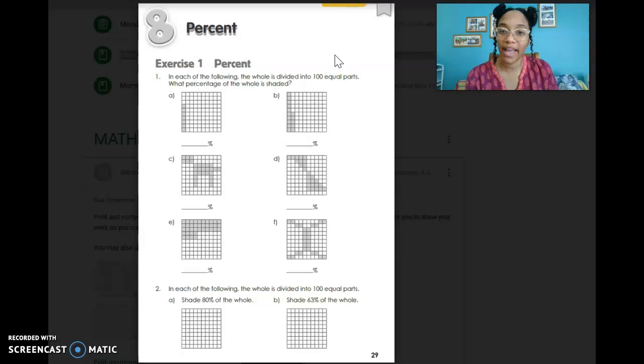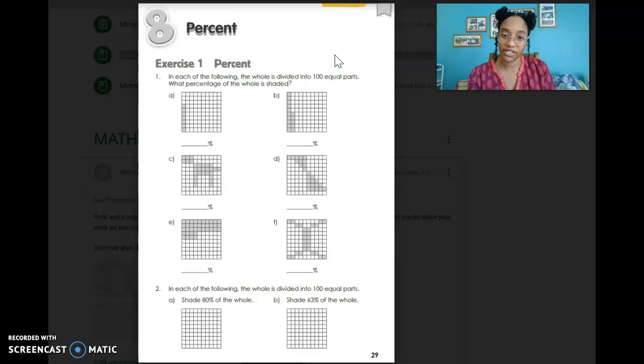So in problem A, we can count that in the first column there are 7 squares shaded, and there's no other squares shaded, so the answer is going to be 7%. And so on and so forth. In exercise 1, every single time you'll be counting the squares and then writing your answer in the line below.